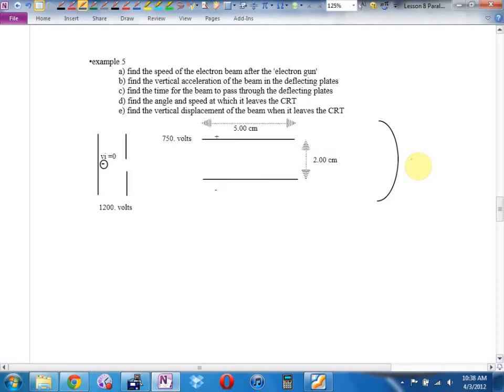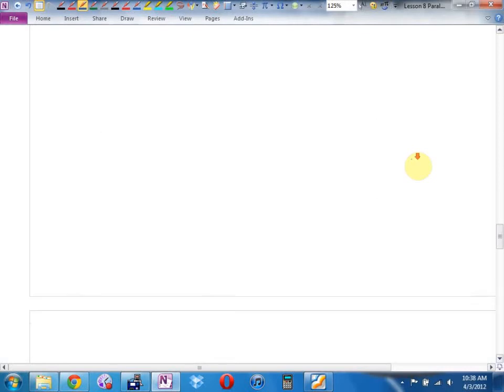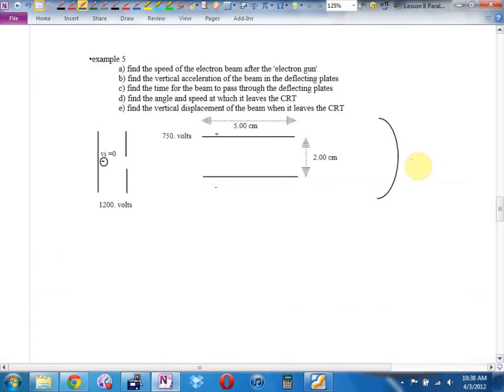Example 5 says, A, find the speed of the electron beam after the electron gun. Okay. What's our initial speed? 0. You know what?